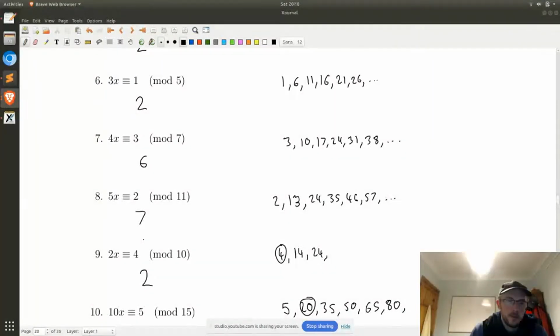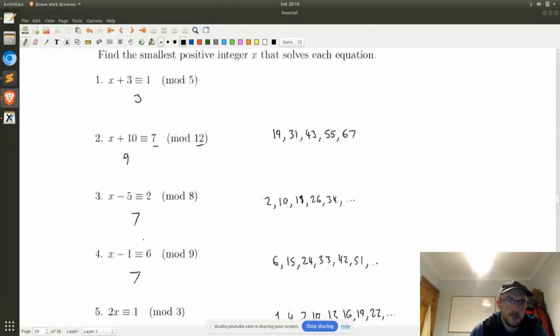Oh, really? So you just... It's just like solving a standard linear equation.